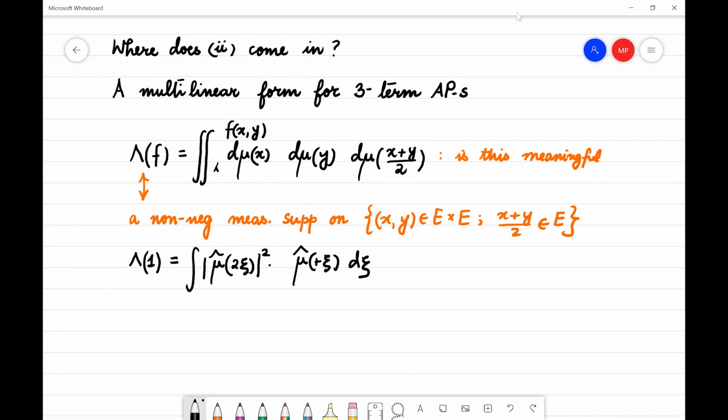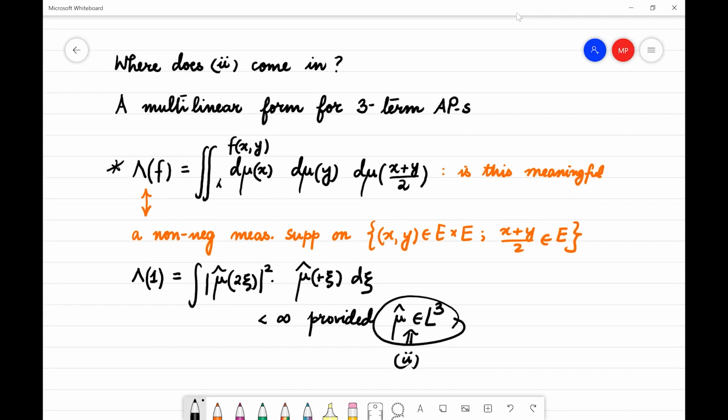And this integral is convergent provided mu hat is in L3. And condition 2 implies this property, which leads to making sense of lambda of f.